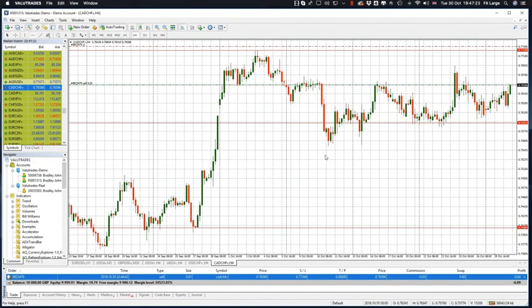So I'm in the market. I want price to go down on CAD Swiss. And at some point, I'd like to take profit. So I can simply go back to my sell line, drag it downwards this time.